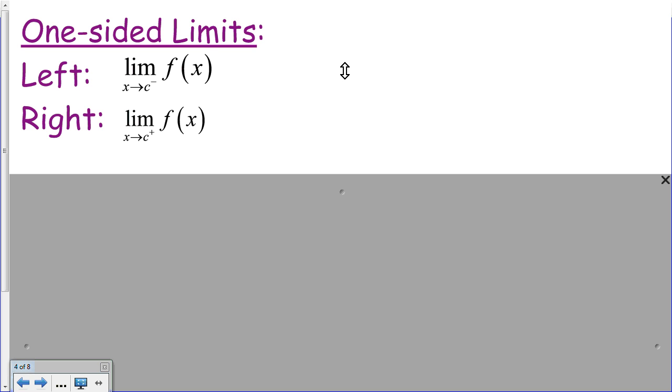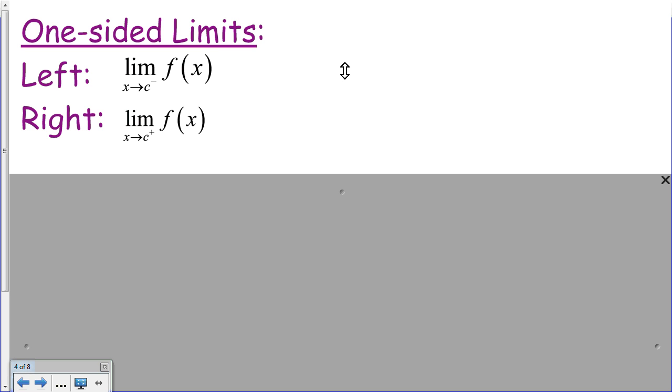And you'll notice the notation that we use here to indicate a left-sided limit and a right-sided limit is that little plus or minus that we put as a superscript next to the c. So we write the limit as x goes to c, and then we put a little superscript of a minus sign to indicate the left side of f of x, versus for the right-sided limits, the limit as x goes to c, and we put a little plus for from the right side of c.